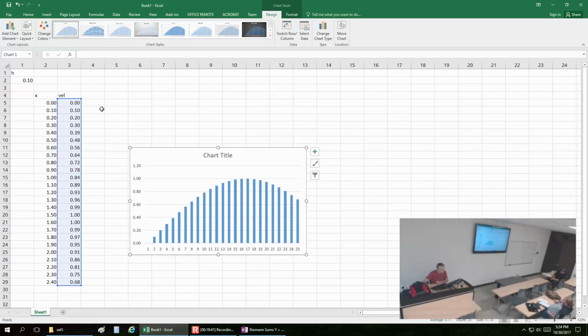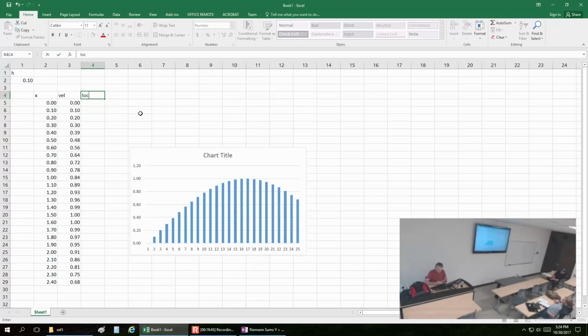Now we do it with Excel. Now this is location. Let's start with the location 0 once again, and now we will be computing the next location based on the previous one. So where am I after 0.1 seconds?